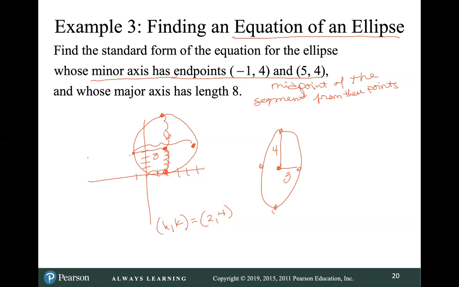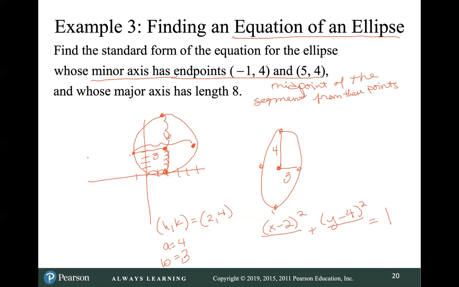Okay, so we have (h, k), I have a and b. a is my major, so a is 4. b is my minor, so b is 3. And now I have everything I need to form my equation. So I have (x minus 2) squared divided by, and I always do the denominators last, plus (y minus 4) squared equals 1.